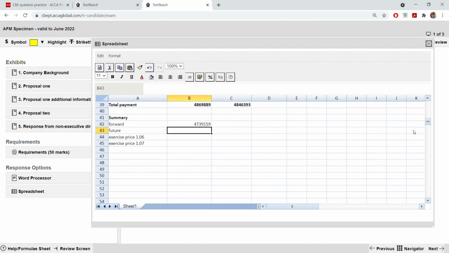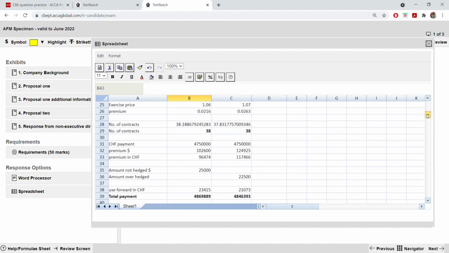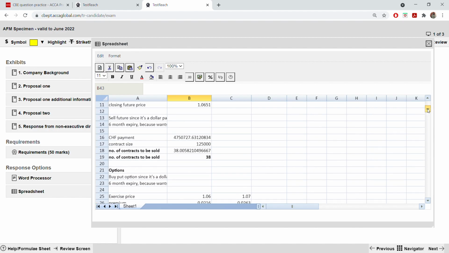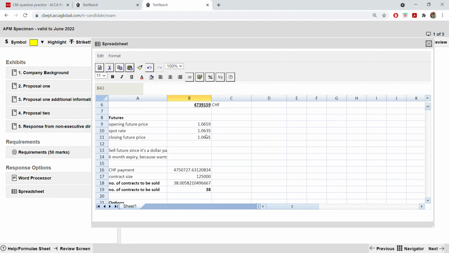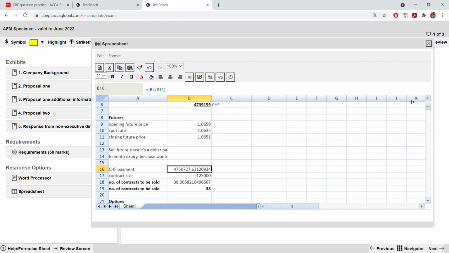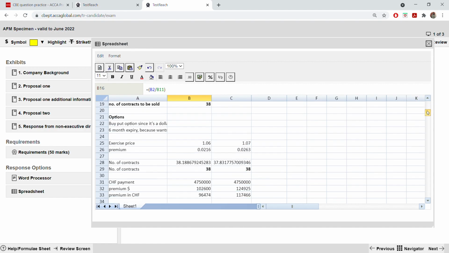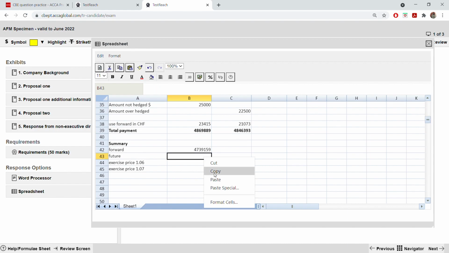Same for future. This is the Swiss payment. Copy, paste.